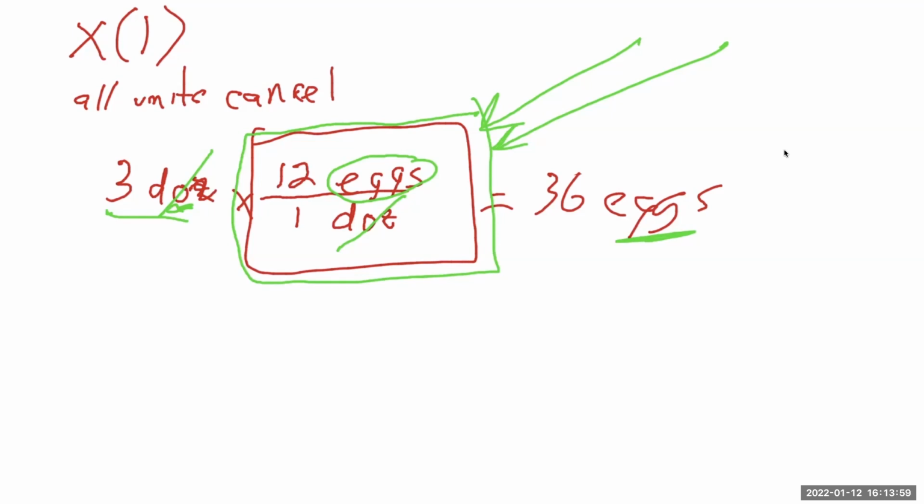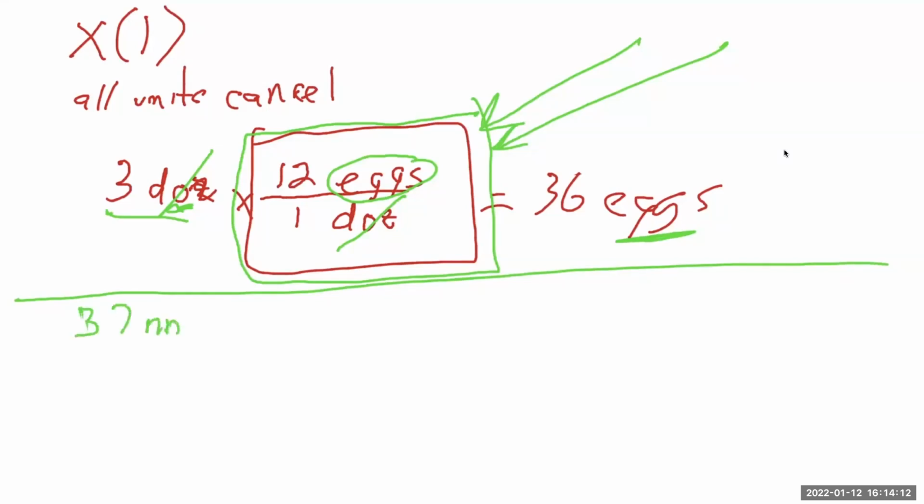So let's start with converting within the metric system. Let's convert 37 nanometers into meters. Follow the rules.